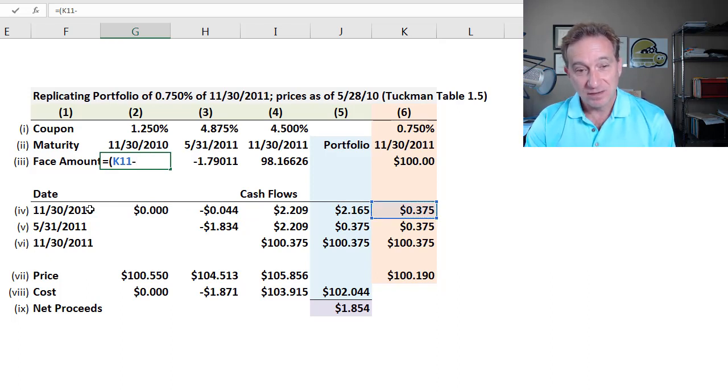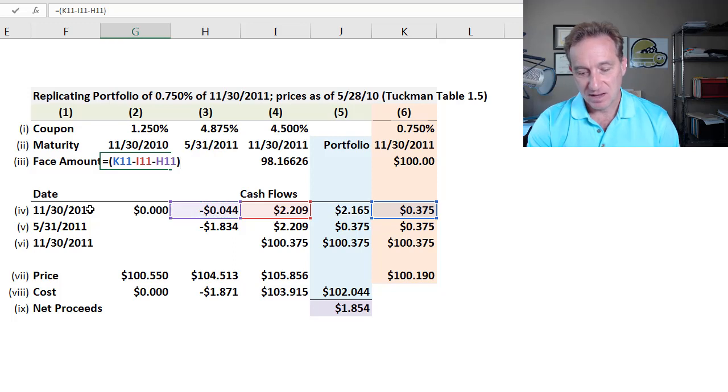However, I'm already getting this cash flow by virtue of the 1.5-year bond that I've purchased. I'm already getting this cash flow by virtue of the 1-year bond that I've purchased, but it's negative because I'm selling it. And I divide that by 1 plus the coupon here divided by 2.